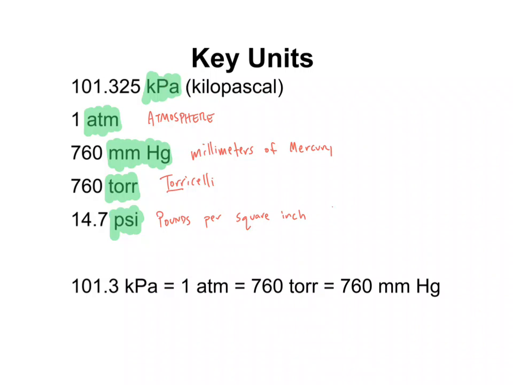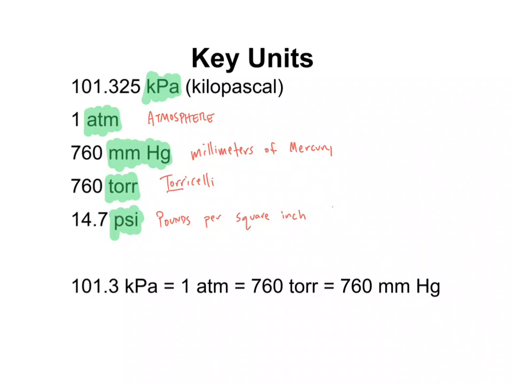ATM refers to atmosphere. mmHg is short for millimeters of mercury. Hg is the symbol for mercury. Torr is short for torricelli. And psi stands for pounds per square inch.